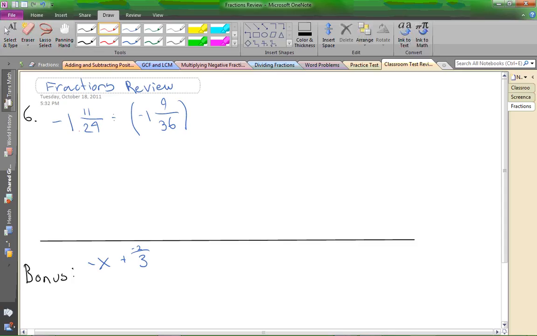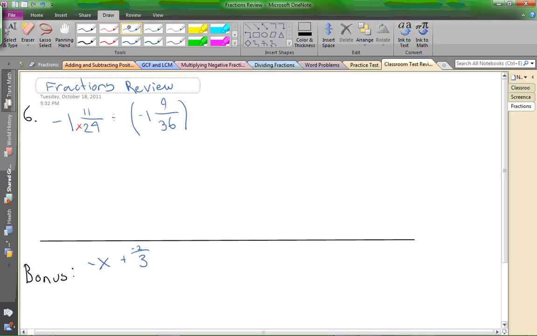So the first thing we want to do for this problem is change these mixed numbers into an improper fraction. We do this by multiplying the denominator, this number, with the whole number.